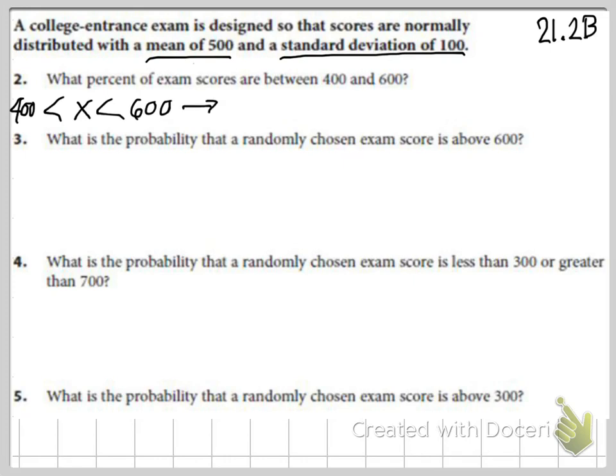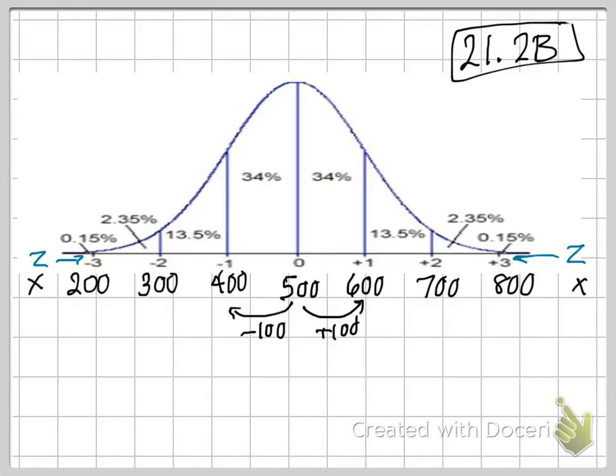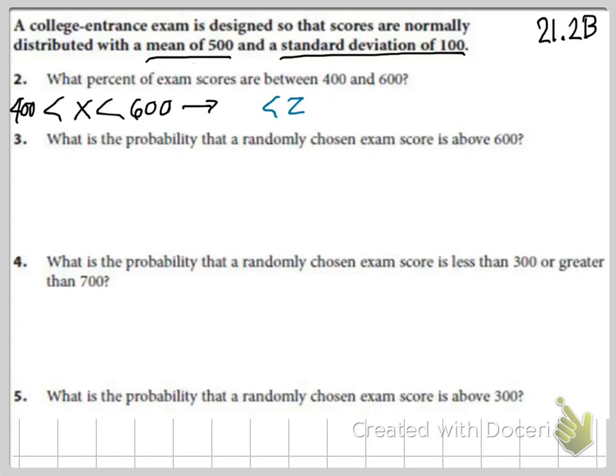Now, what I need to do is convert those into Z numbers. 400 is at negative 1, 600 is at positive 1. Negative 1 for the 400, positive 1 for the 600.